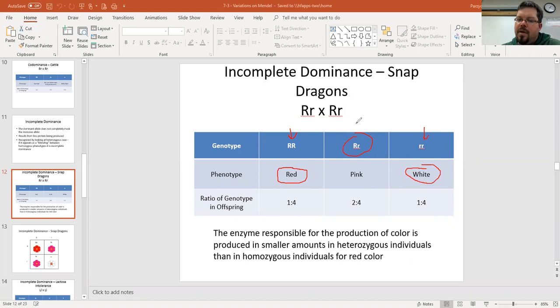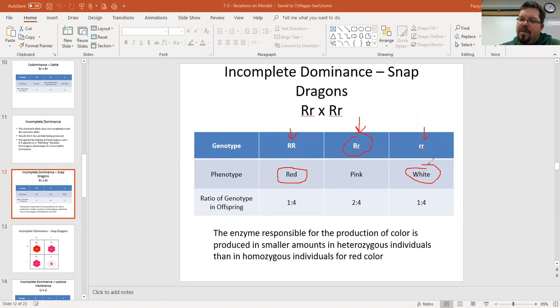But in the heterozygote case in the middle, with one copy of the dominant and one copy of the recessive allele, the enzyme responsible for production of color is produced in smaller amounts than in red flowers. The red pigment is produced in high amounts in the plant that has both dominant alleles.